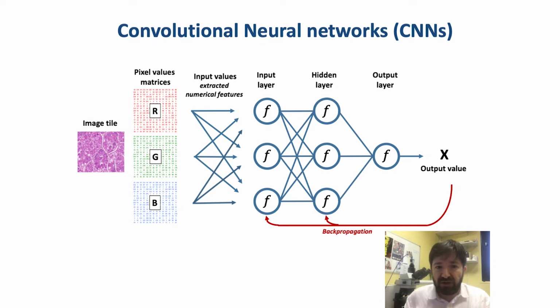For example, you give to the model images of cancer that were highly aggressive and images of cancer that were not aggressive. And the architecture, the neural network, will learn what are the characteristics within the image that allow it to predict the aggressiveness of the cancer. And you can predict basically whatever you want: the gender of the patient, the age, the molecular alteration, the mutation of some genes, and so on.